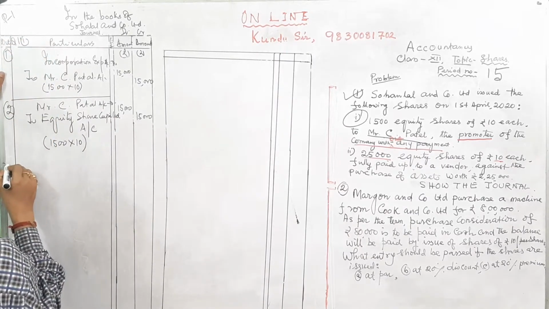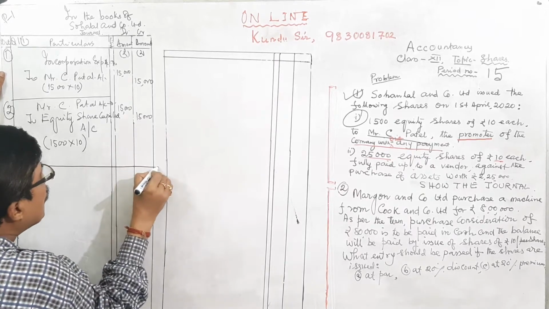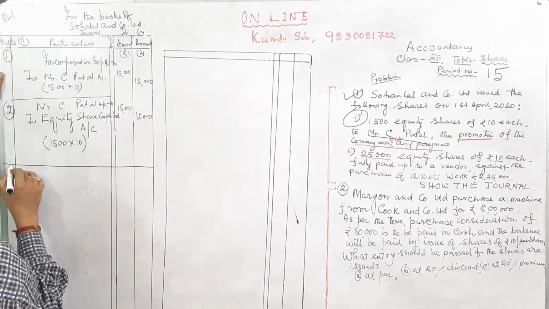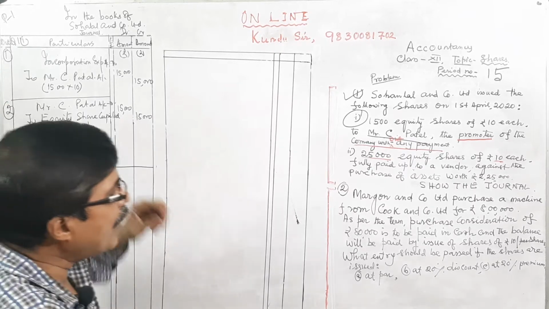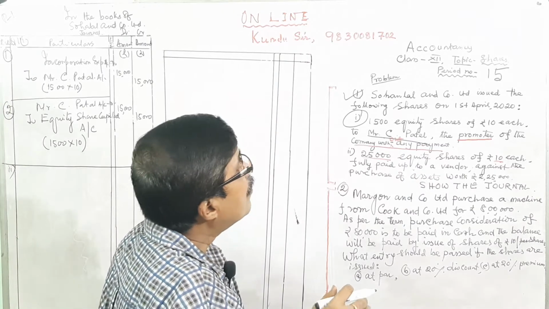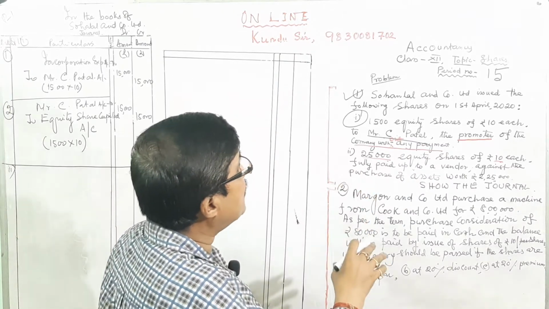Now we are going to Roman 2. In Roman 2, the company is purchasing some assets.